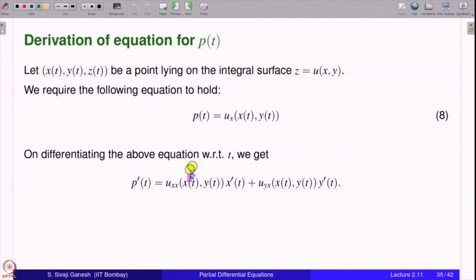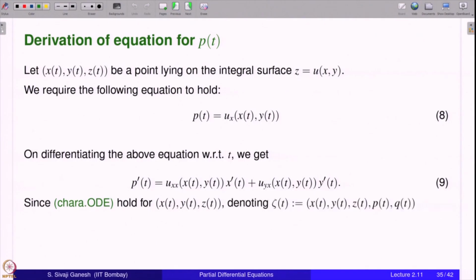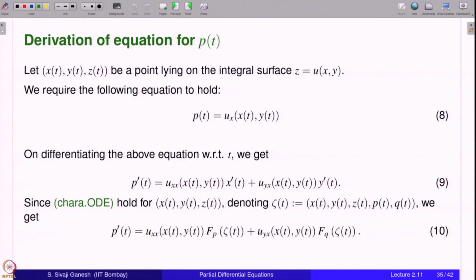So, differentiate this with respect to x: u_xx at the point x(t), y(t) into the derivative of x with respect to t, that is x'(t), and differentiate this with respect to y, that is u_yx at the point x(t), y(t) into the derivative of y(t), which is y'(t). Since the characteristic ODE hold for x(t), y(t), z(t), denoting zeta(t) equal to this phi tuple x(t), y(t), z(t), p(t), q(t), we get p'(t) is equal to u_xx, x' is f_p, y' is f_q. So, we have got this equation for p'.